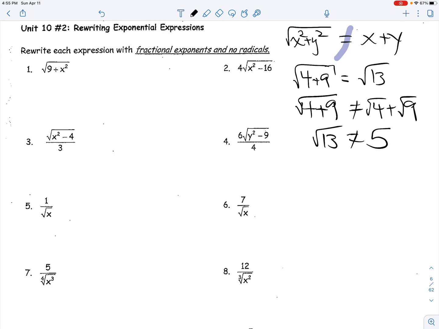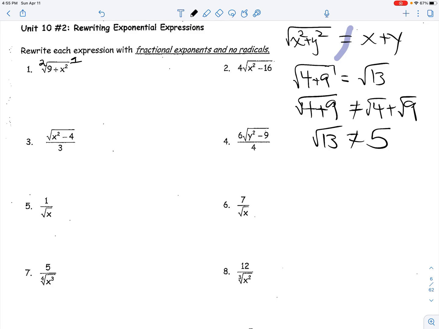So the square root of 9 plus x squared in number 1, you cannot take the square root of each term. It's not 3 plus x. And the square root, remember, is the second root, and all of this is raised to the power of 1.